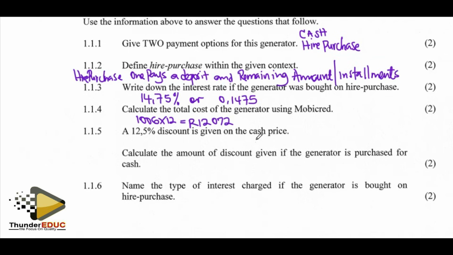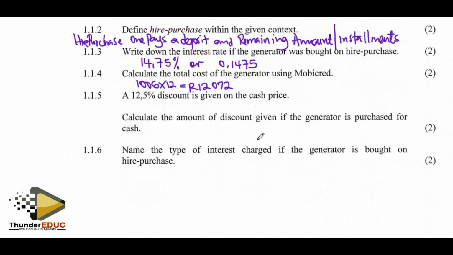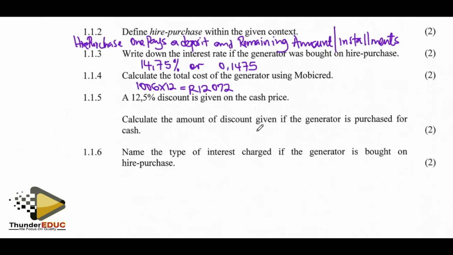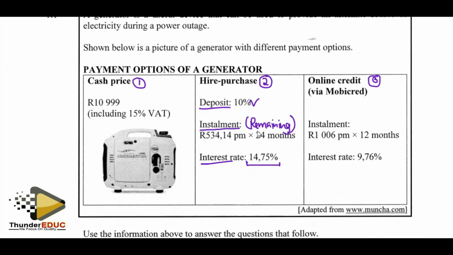All right, here they're telling us a 12.5% discount is given on the cash price. Calculate the amount of discount given if the generator is purchased for cash. We come back here, we show it for cash. Cash is 10,999.